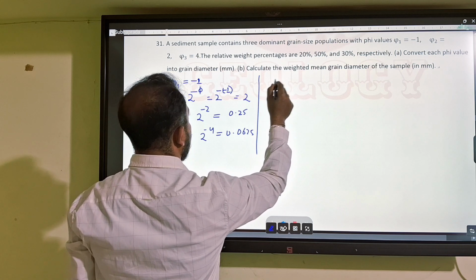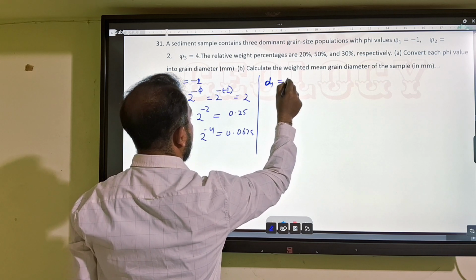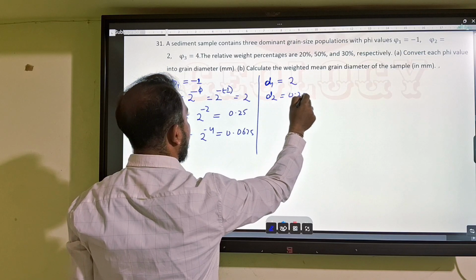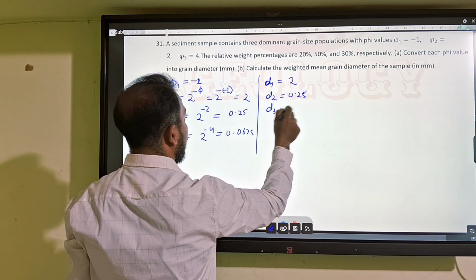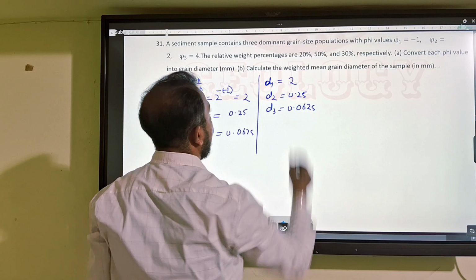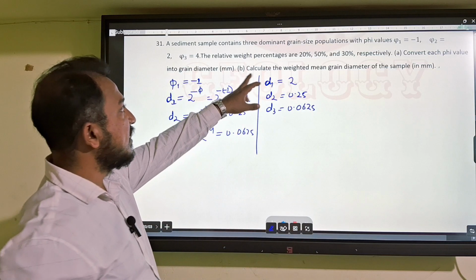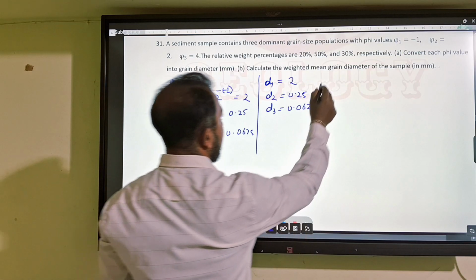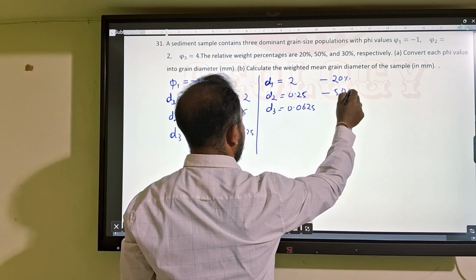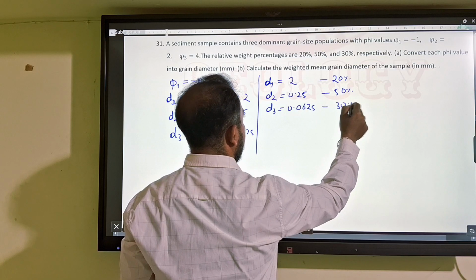Now d1 is 2, d2 is 0.25, d3 is 0.0625. Now their weight percent is given 20%, 50% and 30% respectively.